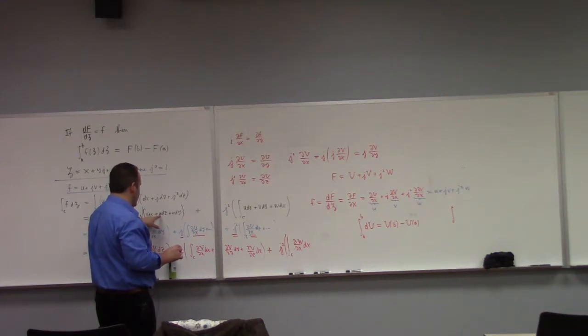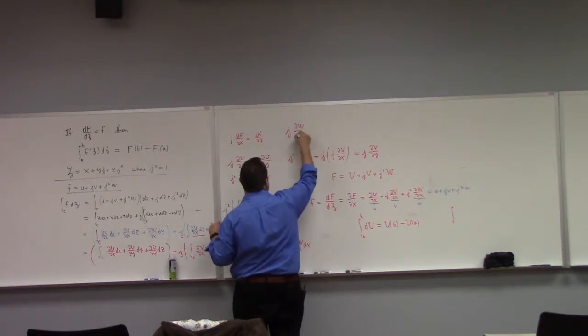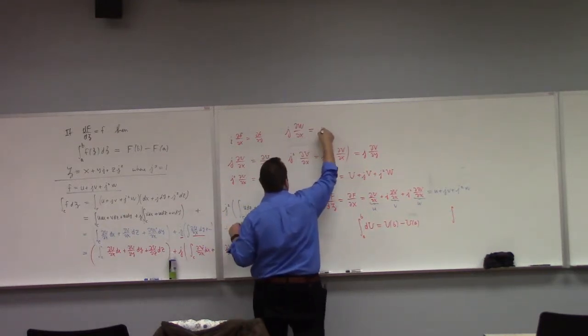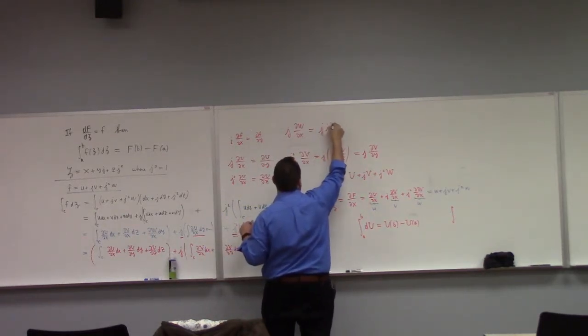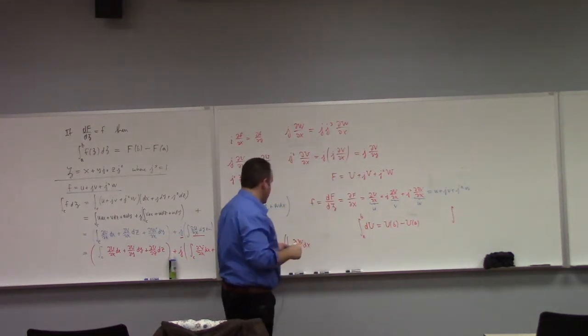So you have j, partial w, partial x is j cubed, partial w, partial x.